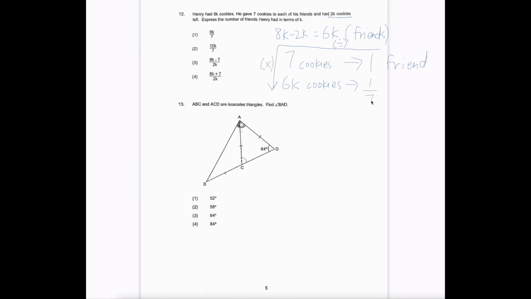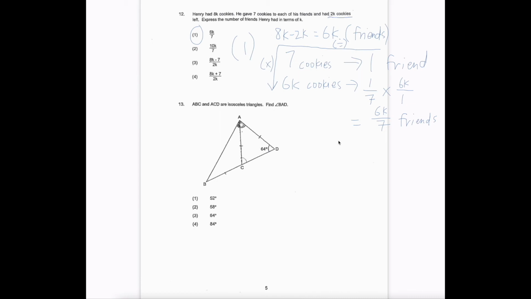So 1 over 7 times 6k. 6k is there's no fraction, so I'll just put over 1. So it's 6k over 7 friends. Okay? Which is option 1. Okay? So always follow this method. Yeah, it will help you a lot. Okay? So if 7 cookies were given to one friend, 6k cookies were given to 6k divided by 7. Okay? I'm going to move on to question 13.